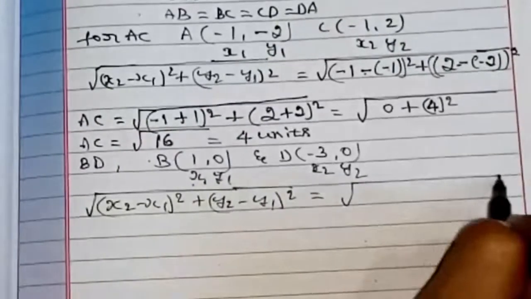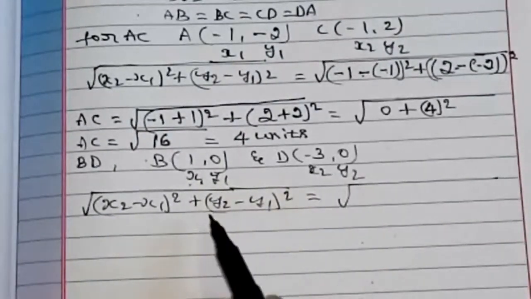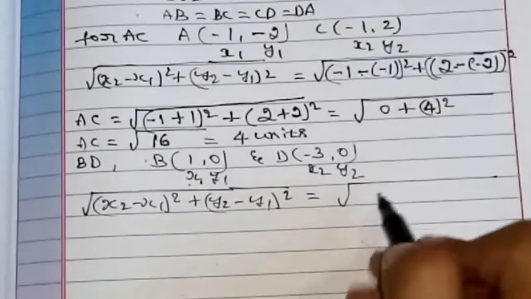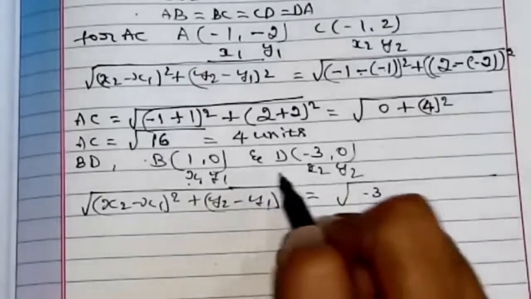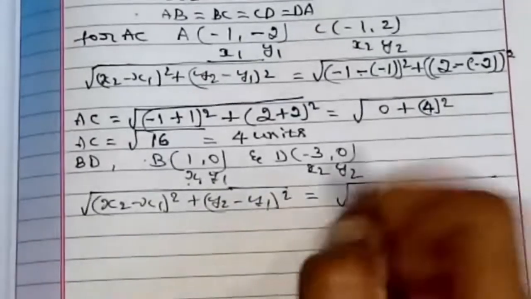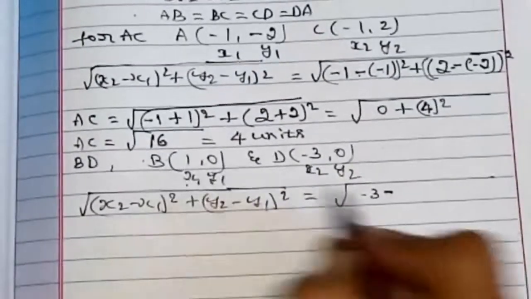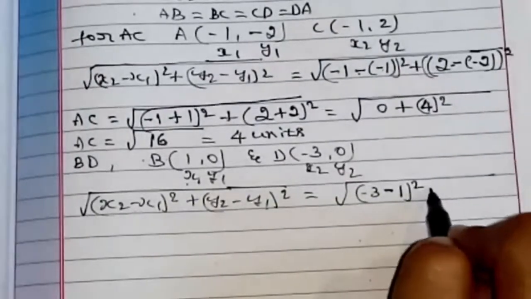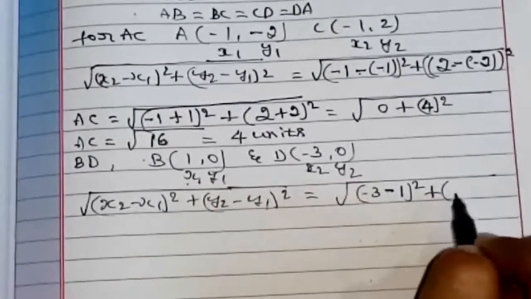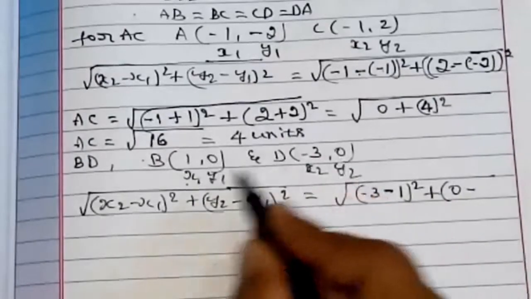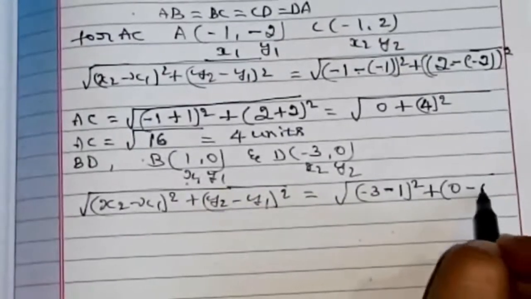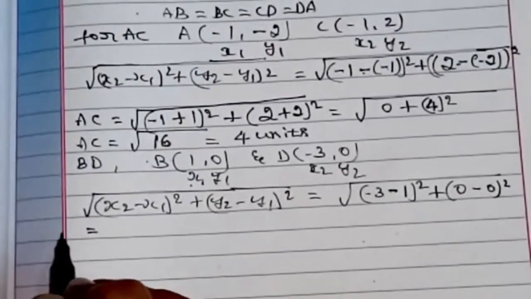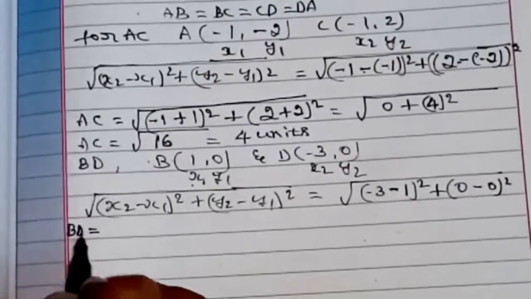Now apply the values. What is x2 here? X2 is -3 minus, what is x1? X1 is 1 whole square, right? Plus, what is y2? Y2 is 0 minus, what is y1? That's also 0 square. So we are finding the distance between B to D, right?